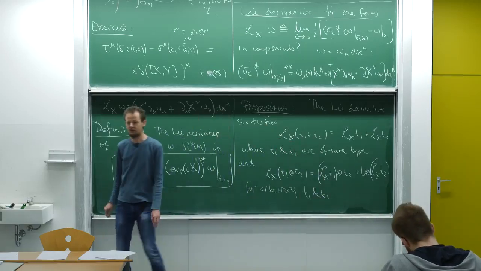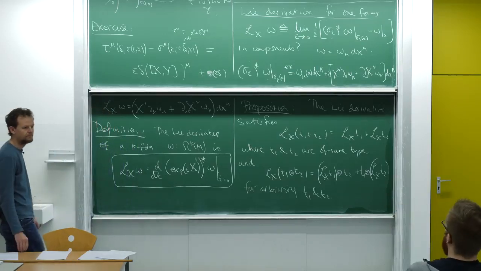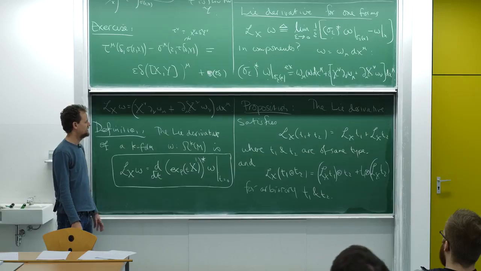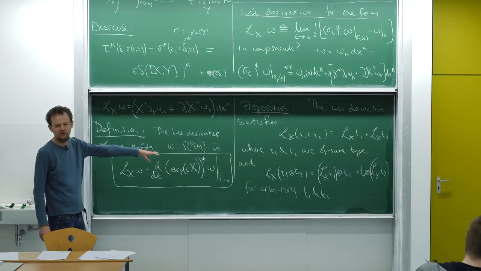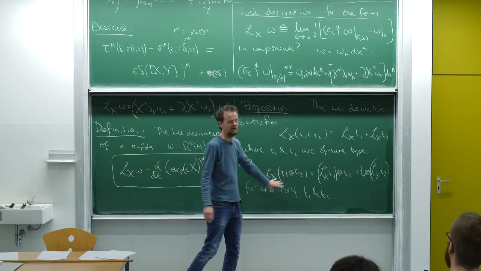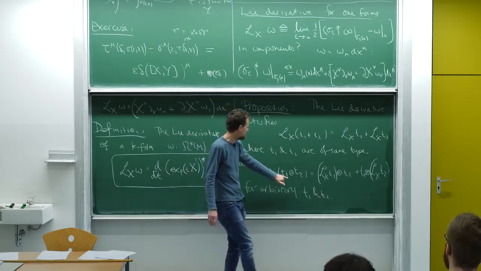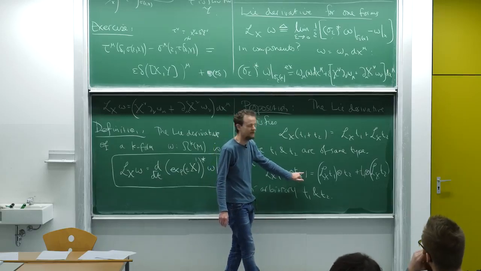I'm not going to prove this proposition. Instead, I'd just like to think of it as a definition and use it to extend the definition of the Lie derivative to mixed tensors this way. So to deal with your arbitrary mixed tensor, it's going to be the tensor product of some k-forms and some vectors.